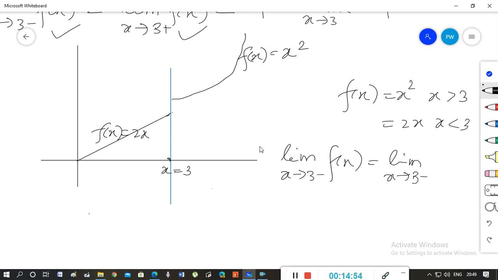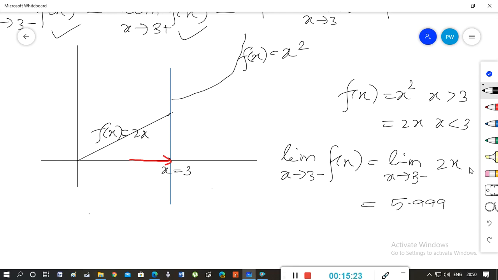Now left hand side, what definition do we have? 2x. So again I'll bring x near to 3 from the left, maybe like this. That means x should take values less than 3, like 2.99 or something. If I take the double of that, it will be some 5 point something, like 5.98 or 5.98987.